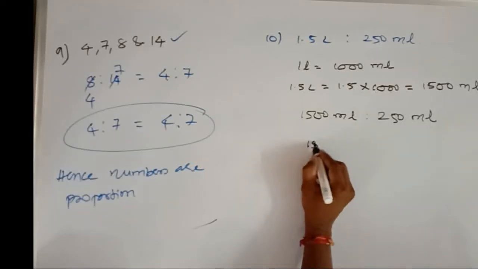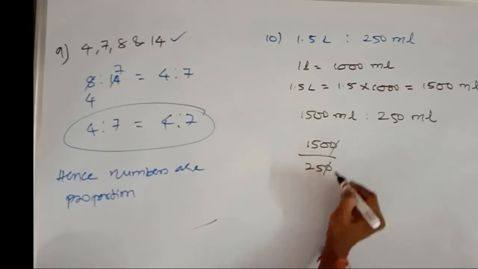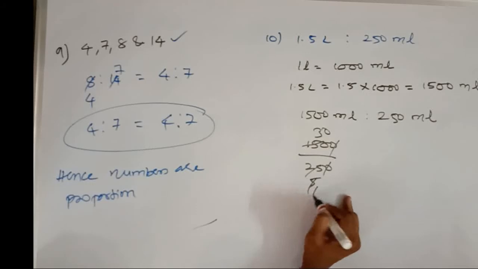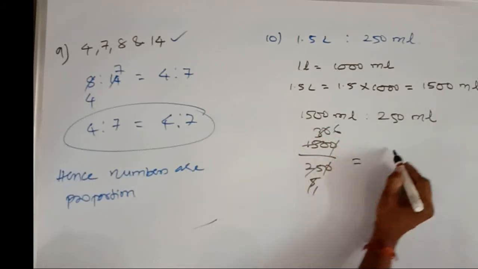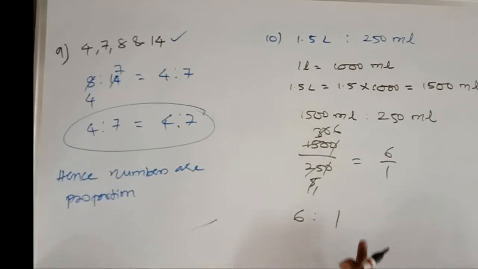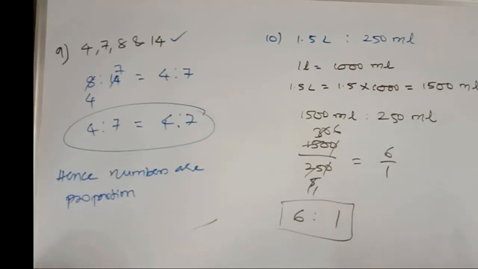Now that is 1500 by 250. So the zeros cancel. 5 fives are 25... 5 sixes are 30. That's equal to 6 by 1, that is 6 is to 1. The ratio is 6 is to 1. So in this way we need to calculate the ratios.